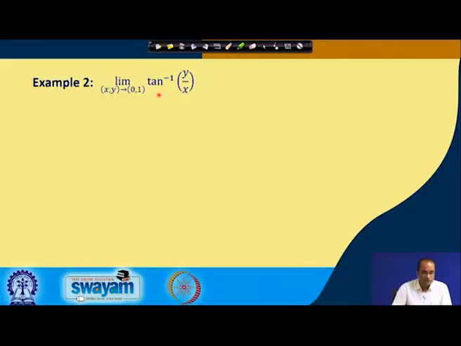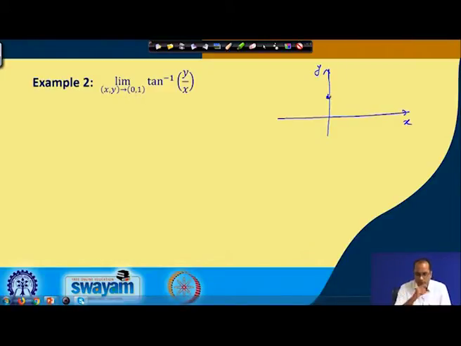The second example of this kind, we will take the limit as (x, y) goes to (0, 1) of tan inverse y over x. So, in this case we have again this xy plane and we are approaching the point (0, 1), so x is 0 and y is 1, somewhere here. So, we will take two paths again.